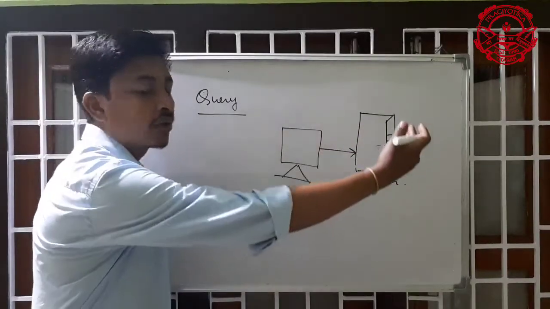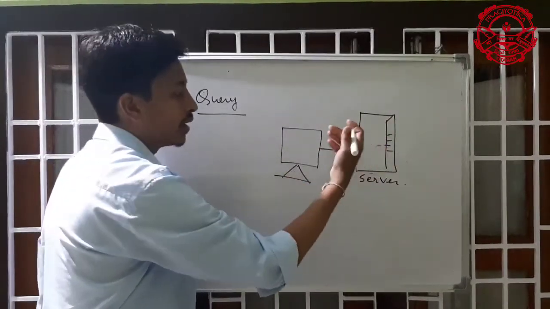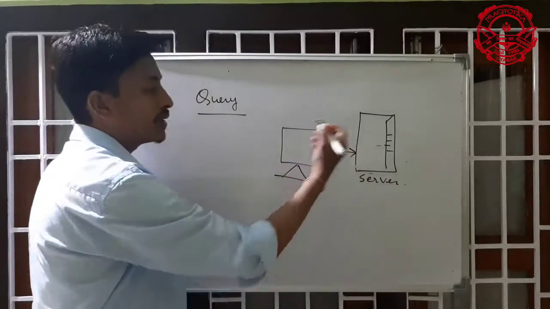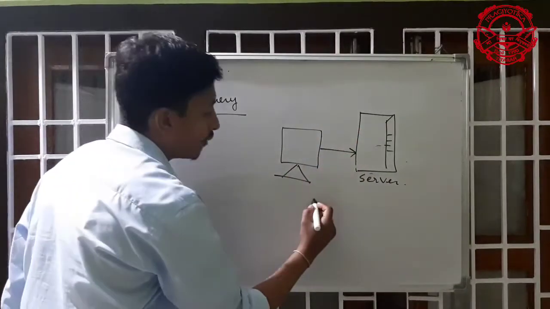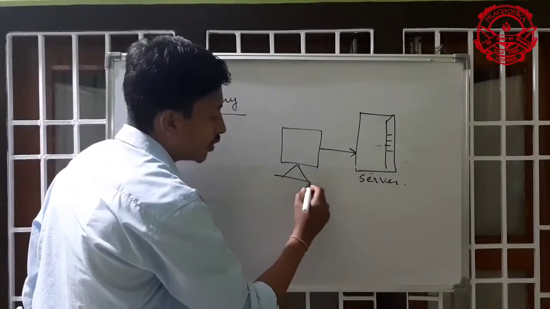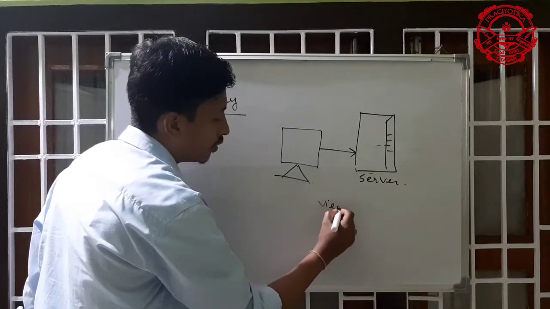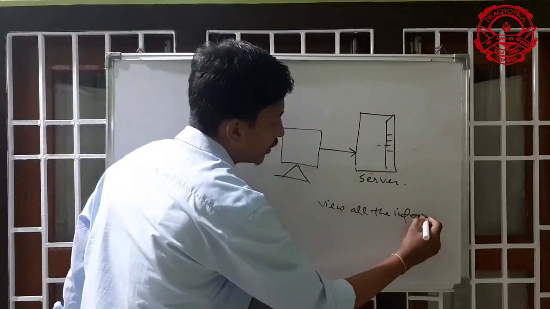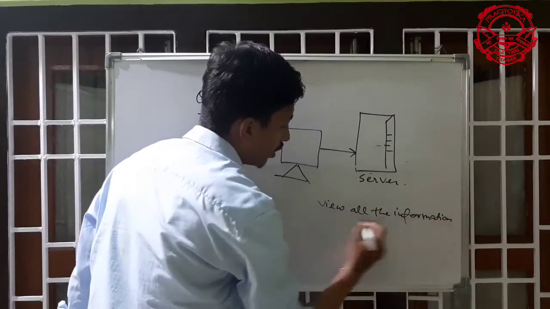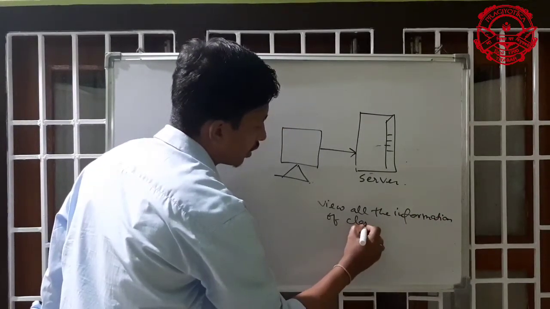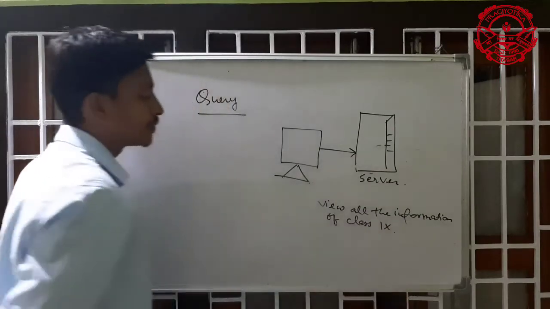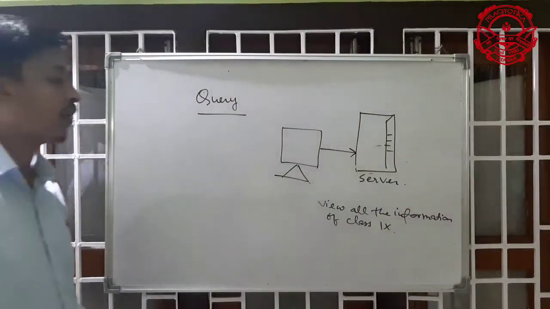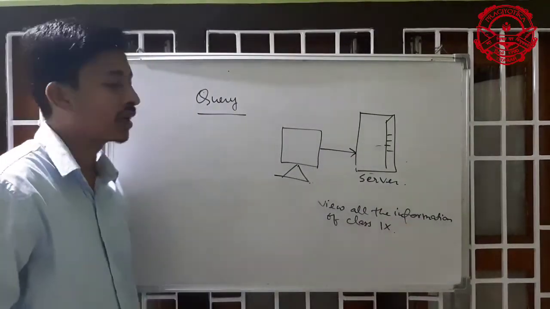He requests a question or data, saying that I want these things. For example, I want to view all the information of class 9. All the students' information of class 9 I want.